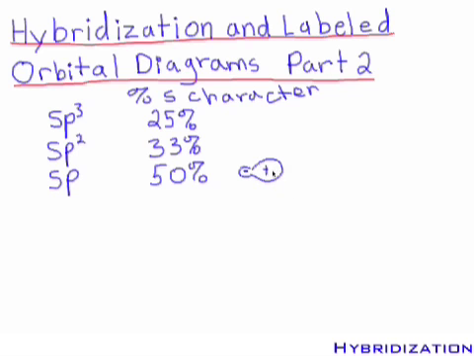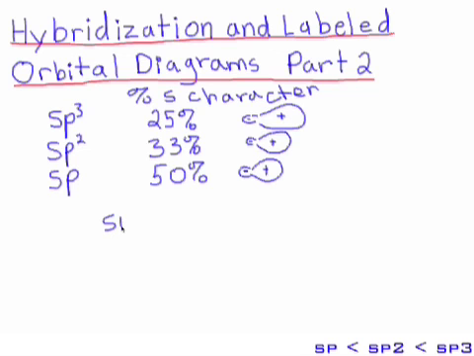Because of greater S character, the sp orbital is actually smaller and less diffuse than the sp squared, which is likewise a little smaller and less diffuse than the sp cubed. So in terms of S character, sp orbitals are smaller than sp squared, which are smaller than sp cubed.